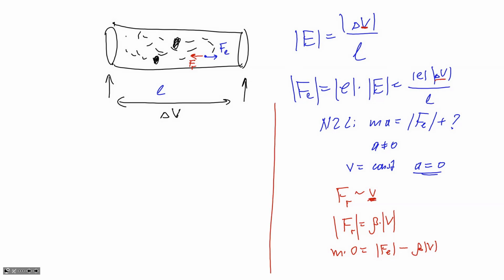All right, so now what do we do? Now I rewrite this equation and I drop all vertical bars. I assume all variables are positive.